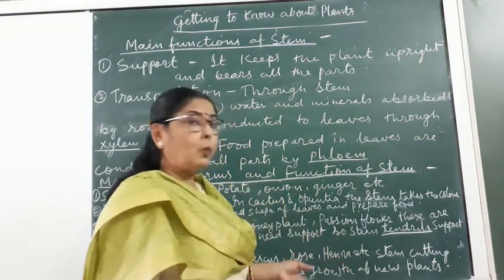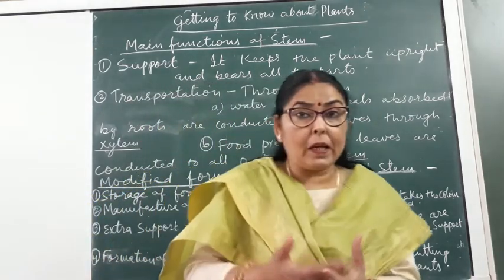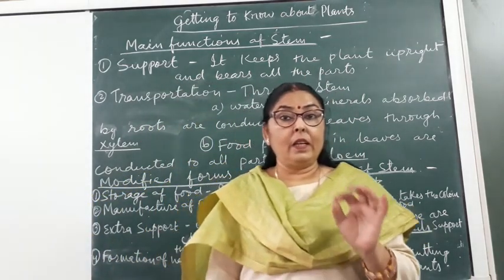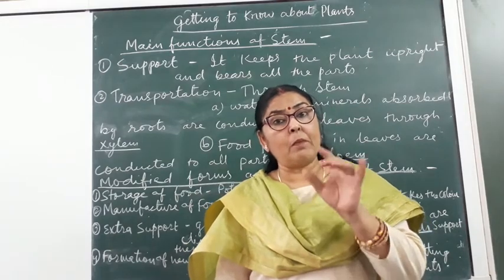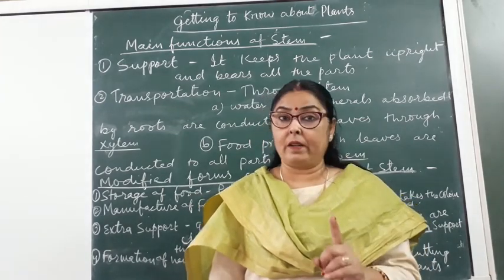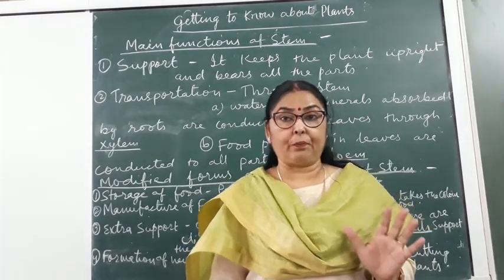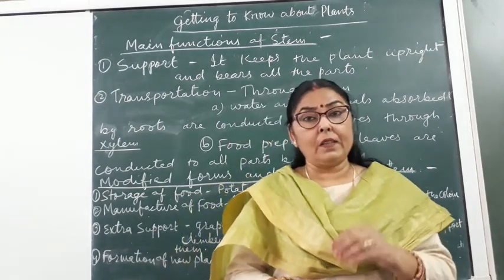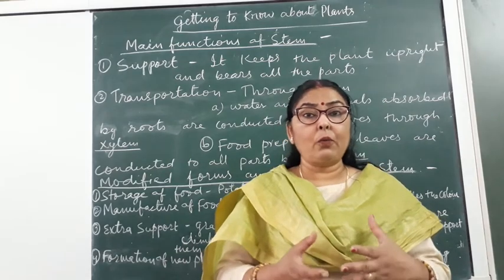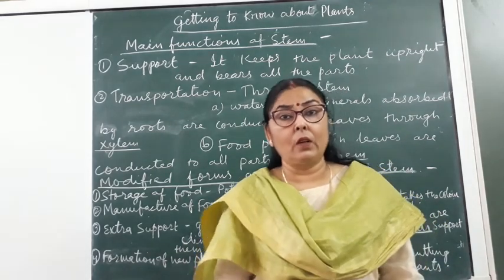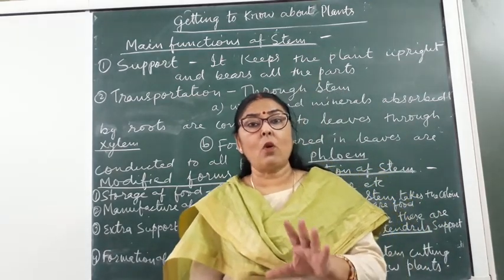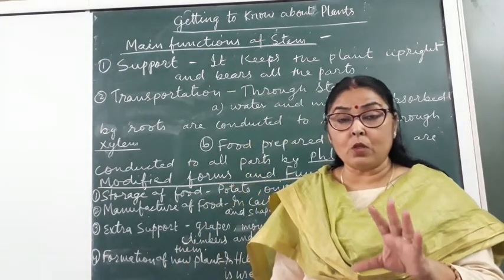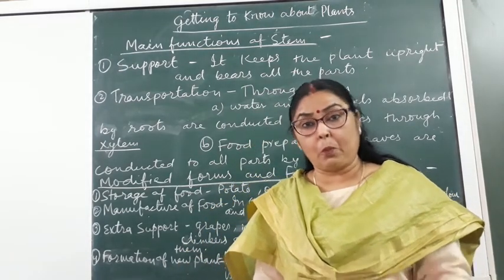So the stems of all these plants can be cut, but there is a condition that they must have one bud or one node in them. And when we put these stem cuttings inside the soil, new plants grow from the nodes. So this is also a type of vegetative propagation.